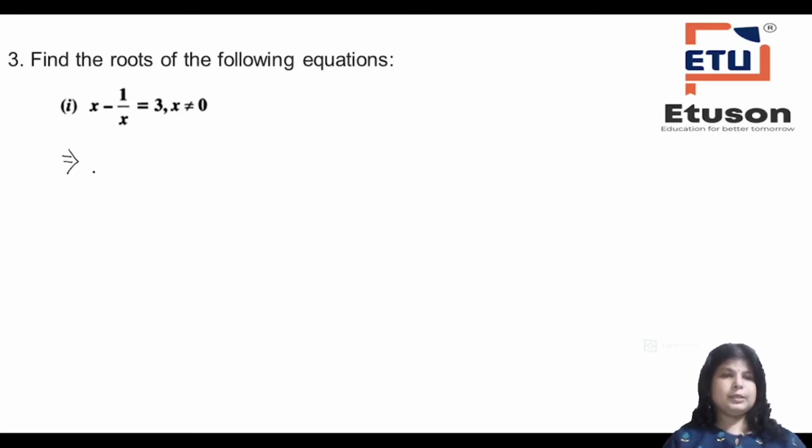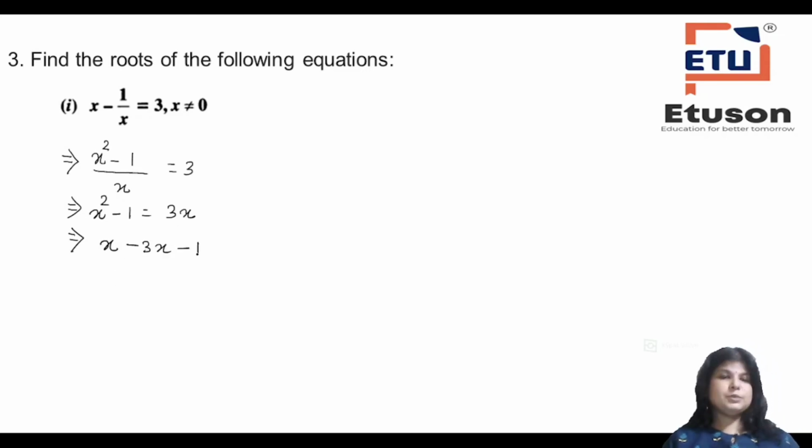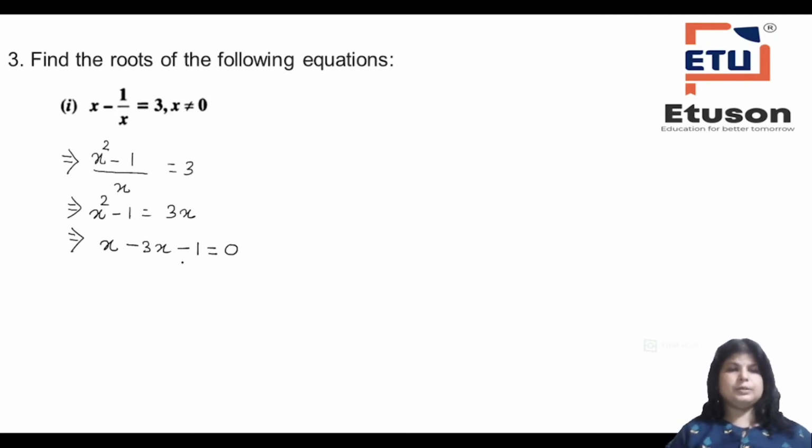So you will get here, if you take x as denominator, you will get x square minus 1 is equal to 3. It implies your x square minus 1 is equal to 3, and your quadratic equation will be x square minus 3x minus 1 is equal to 0.